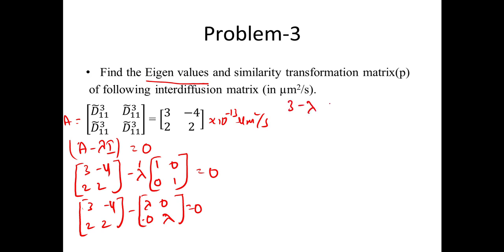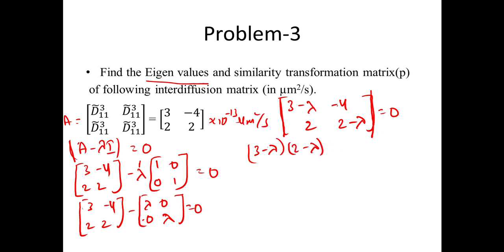So then afterwards, 3 minus lambda, minus 4, 2, 2 minus lambda. So need to determine the determinant of this one. 3 minus lambda into 2 minus lambda, minus into minus, I will write here completely, 2 equal to 0.